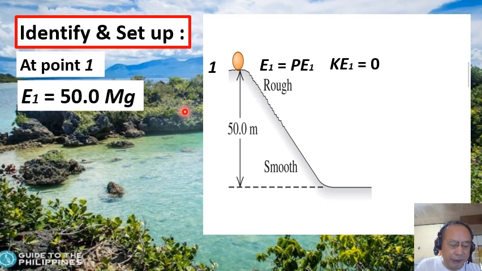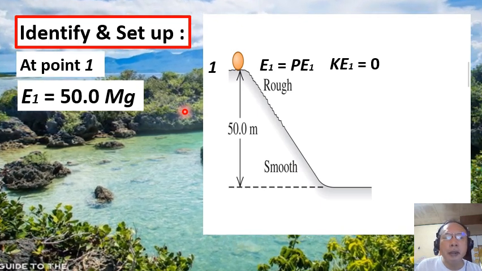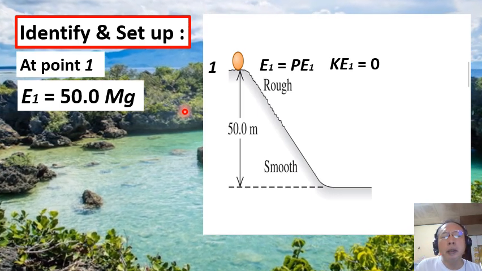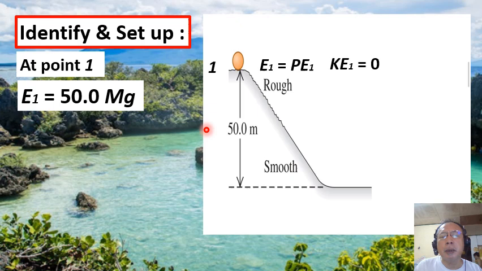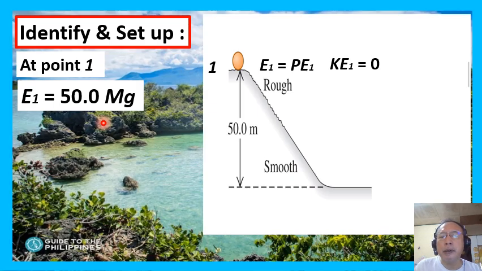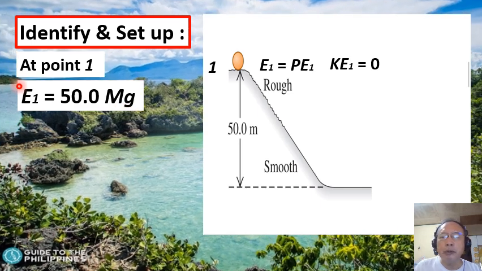Its total mechanical energy, denoted by capital E sub 1, is equal to 50.0 mg, where m is the mass of the boulder and g is the acceleration due to gravity.